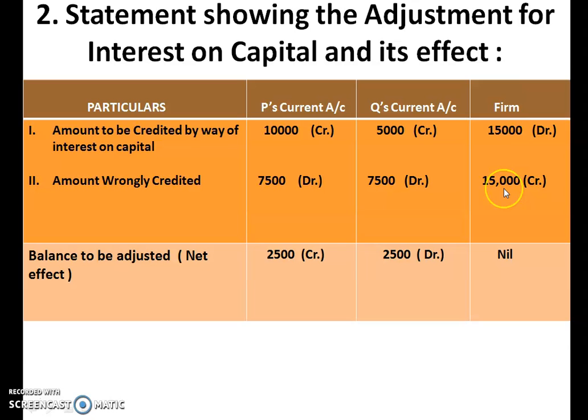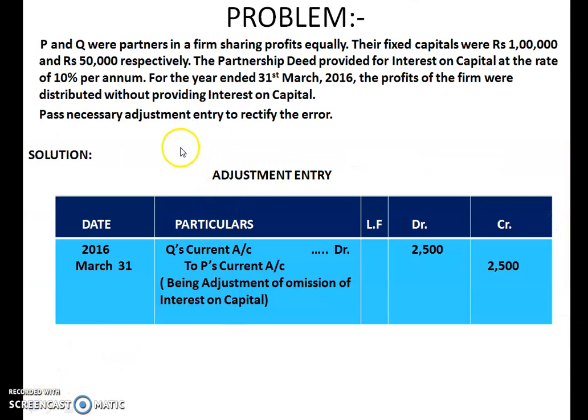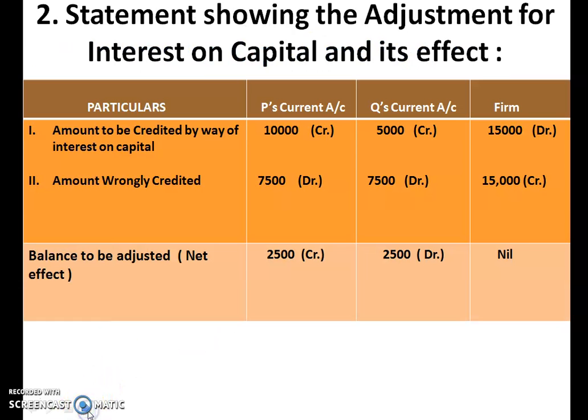Last year the 15,000 was actually the profit distributed to the partners, now we have to rectify that, and 15,000 will be distributed in the ratio of their profit. What is that profit sharing ratio? It is mentioned that it is equal. So this 15,000 divided equally, 1:1, you will get 7,500 and 7,500 which you have to debit. Okay. And in the firm's account you are crediting this.